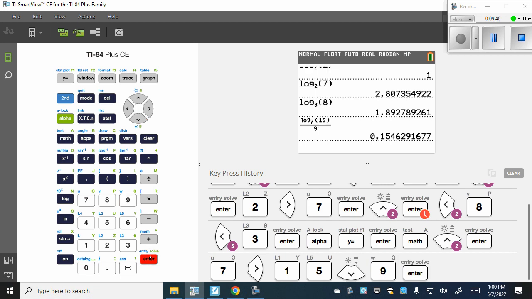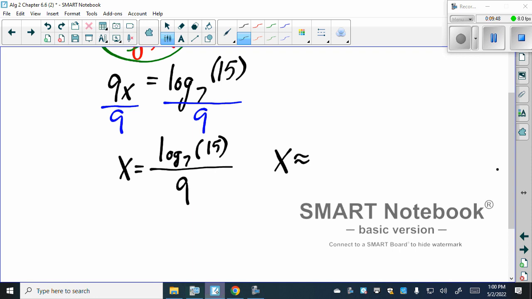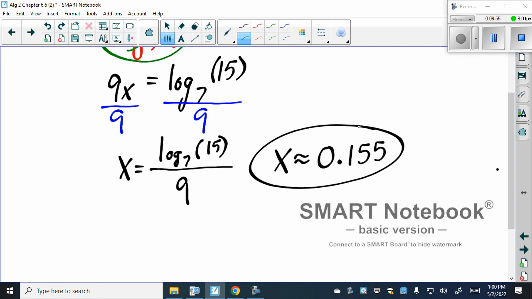We get 0.155 if we round to the nearest third decimal. And that there would be our answer. That's all we would need to do for this here. Any questions on this here?